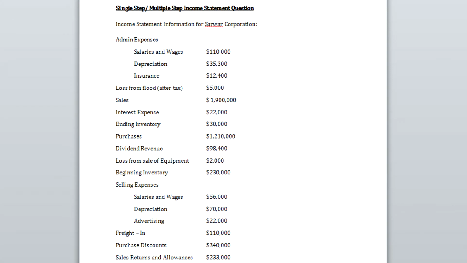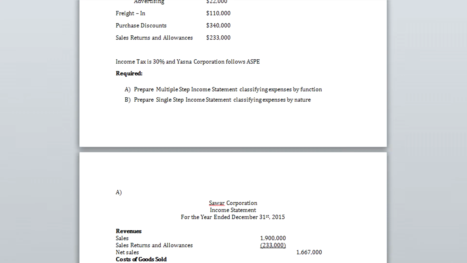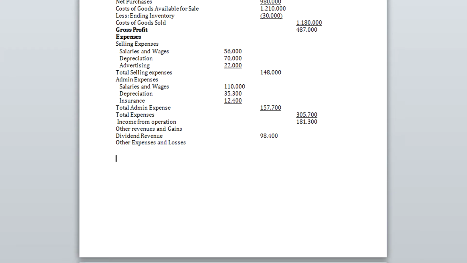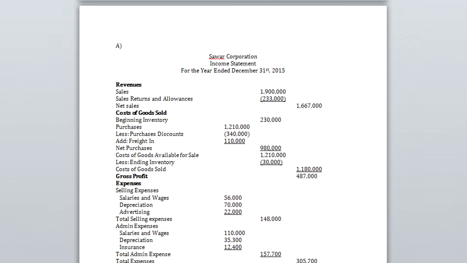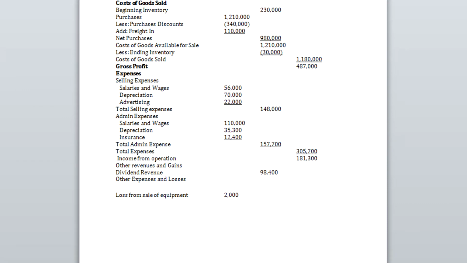So we'll start with the loss from sale of equipment of $2,000. And then we also had this interest expense of $22,000. So let me just put that in here. Interest expense, $22,000. And then our last one was this loss from flood.